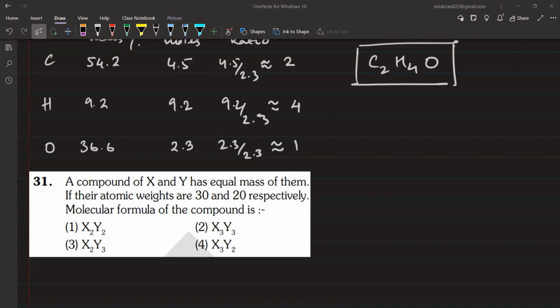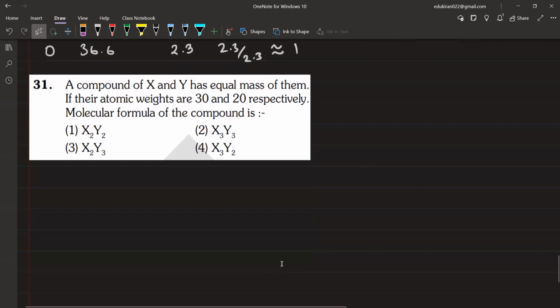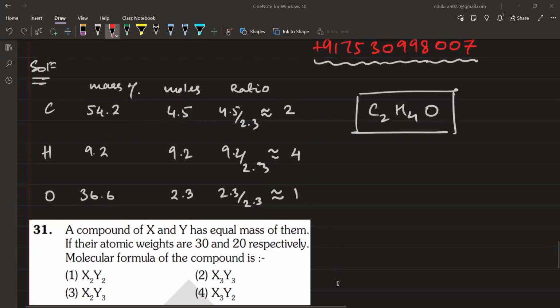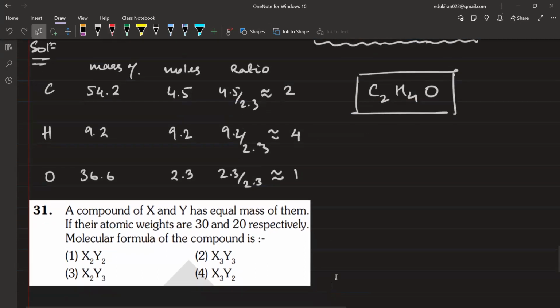How will we do this? Sir, I don't get how to do this one. Okay, look here, you have been given the atomic weights, yes or no? All of you tell me. Yes, sir. Okay, what is not given to you? Above, we use many things, and one of them is atomic mass. What is not given here?